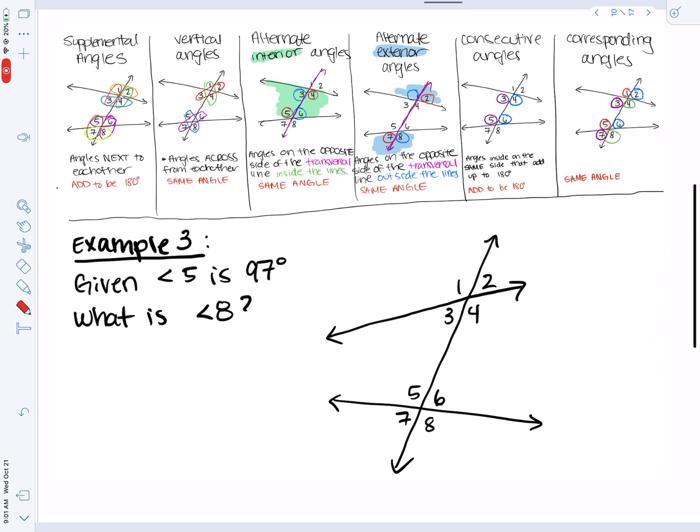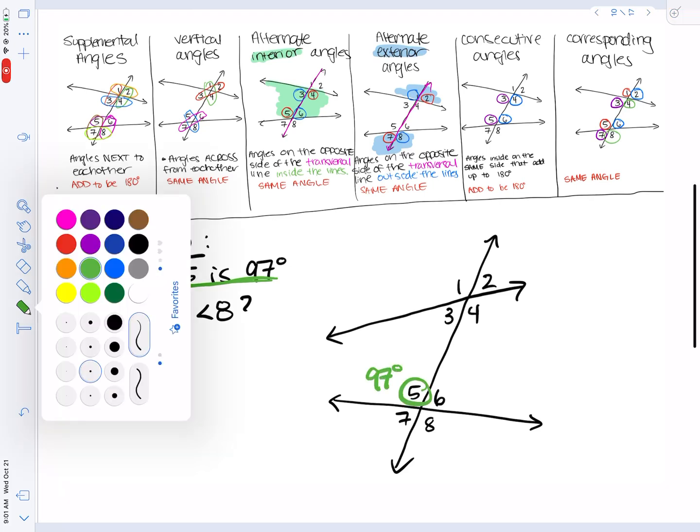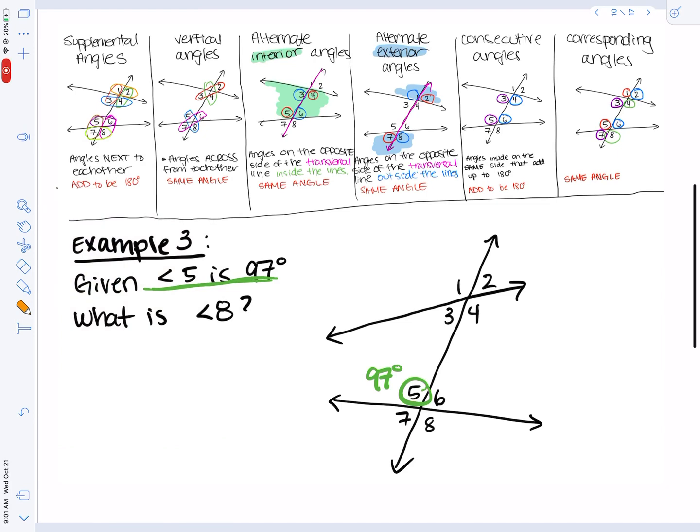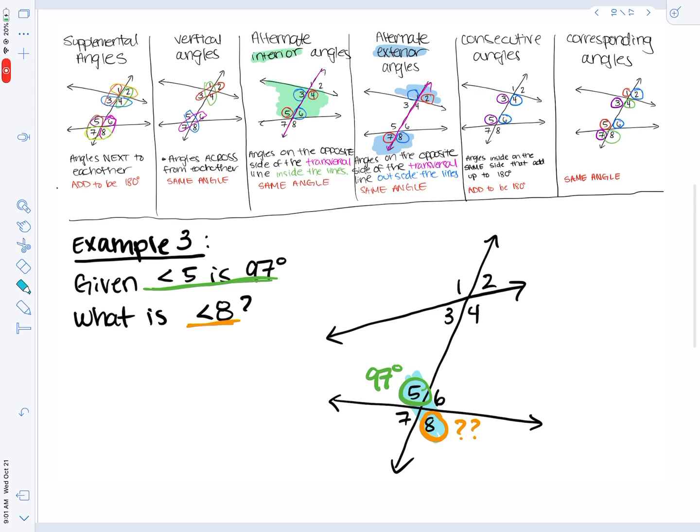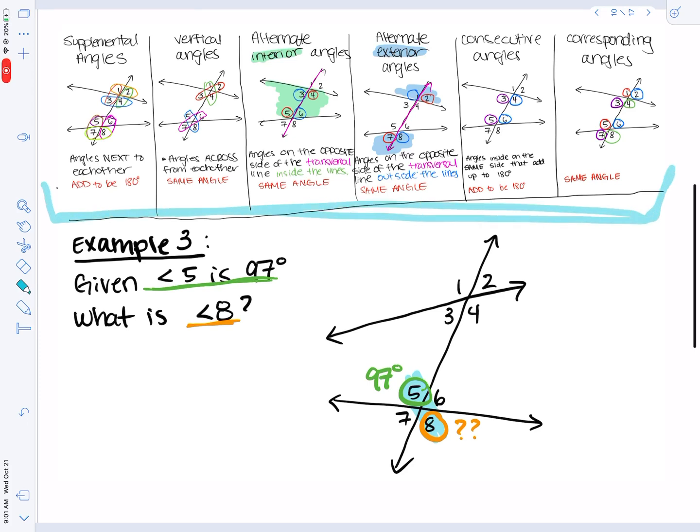Okay, so example 3. Given angle 5 is 97 degrees, what is angle 8? This is the one I'm looking for. So I have 5 and I have 8. What do we know about these two angles? What rule will I use? Very good.